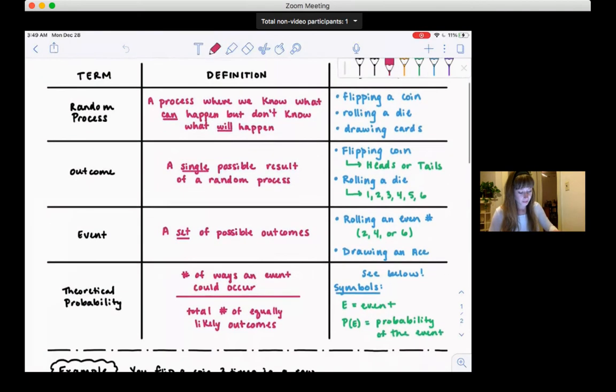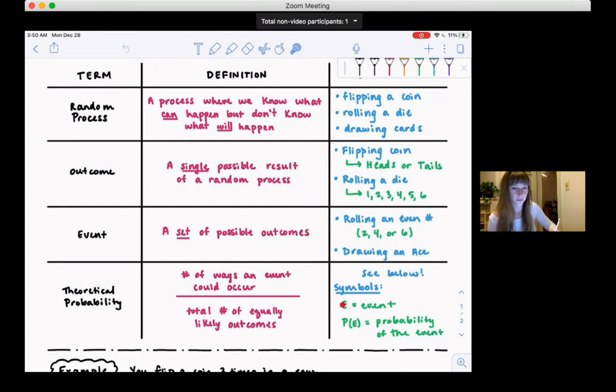Okay, and then putting this all together, theoretical probability. This is the number of ways a particular event could possibly occur divided by the total number of equally likely outcomes. We're going to look at examples of this below, but first some symbols.